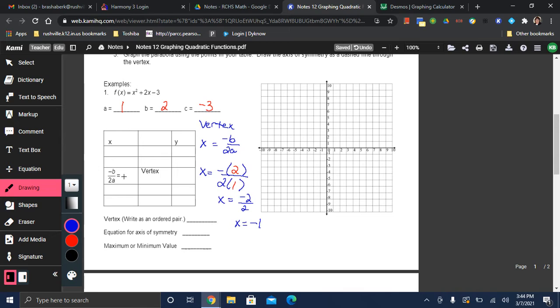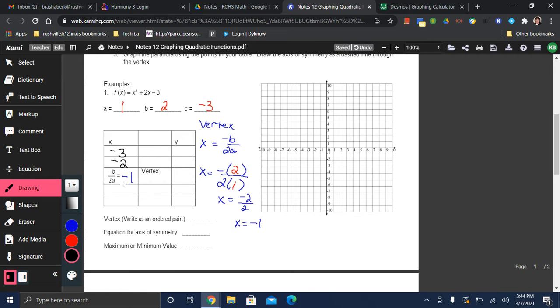Now notice that this goes in the table for the x in the middle. So negative b over 2a is equal to negative 1. And then I want you to think about if you were counting backwards from negative 1. So getting to more negative values, that would be negative 2 if we counted backwards, and then negative 3.